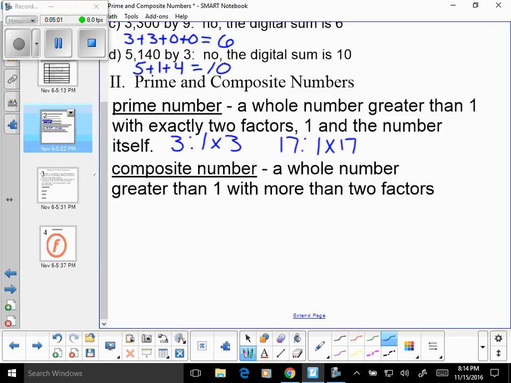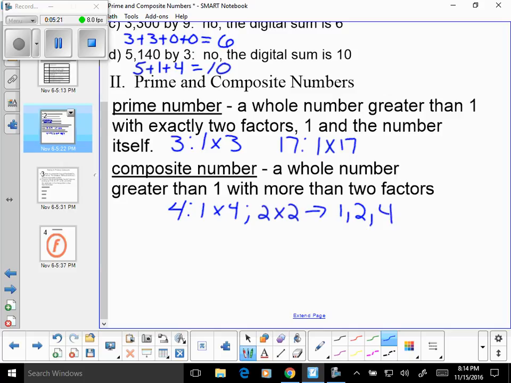So we are going to take a look at a number like 4. Now this goes back to listing factors like we did back in 7th grade. You can have 1 times 4 and you can have 2 times 2. So the factors are 1, 2, and 4. Okay?